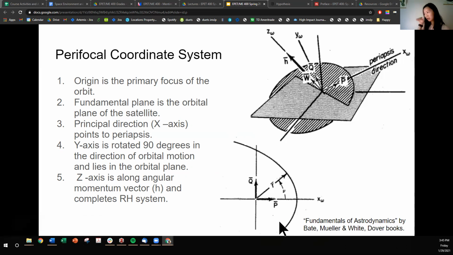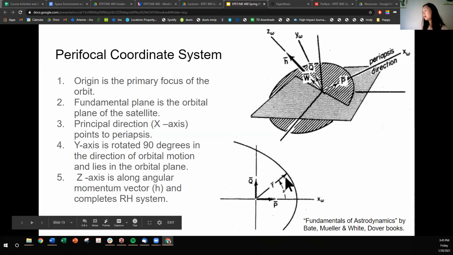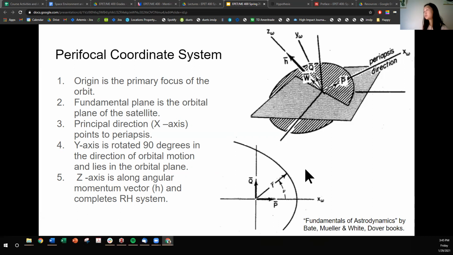And if you look directly down that angular momentum vector, you can see a radial vector and some angle associated with where a spacecraft or satellite is in that orbit. So this is a really convenient coordinate system for simulating the dynamics, simulating the equations of motion of a spacecraft in an orbit, a closed orbit.